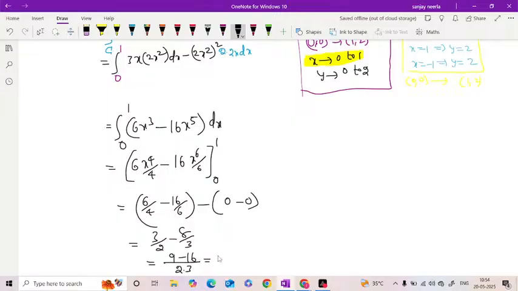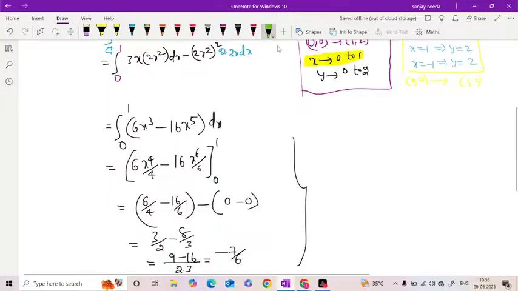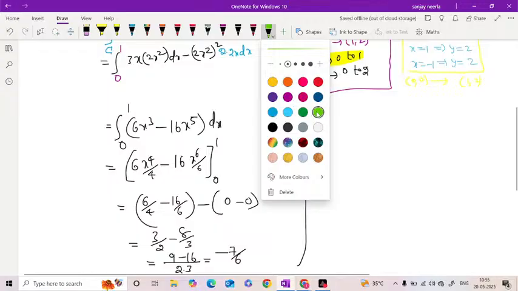So what is our result? Minus 7 by 6. That means the line integral of the given problem. What is the given problem?